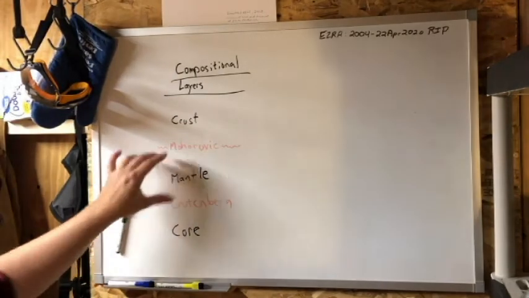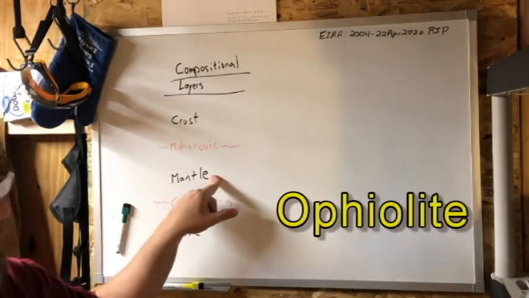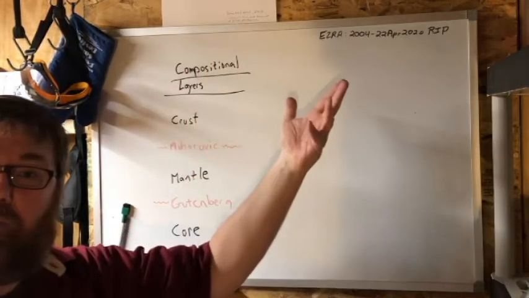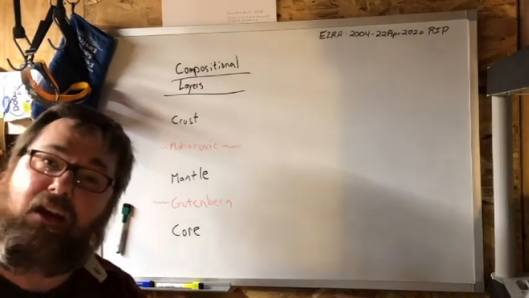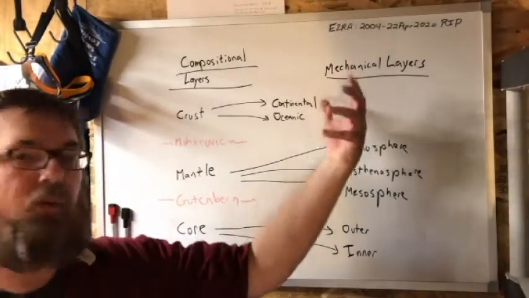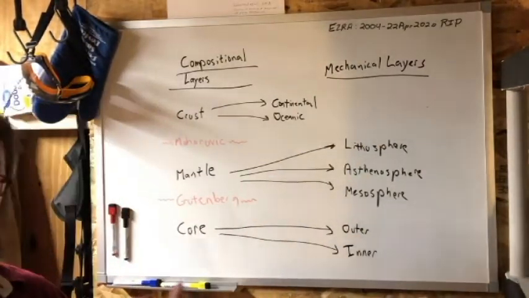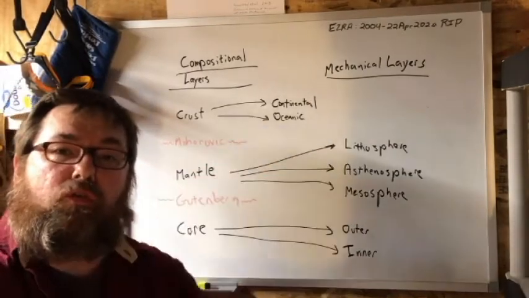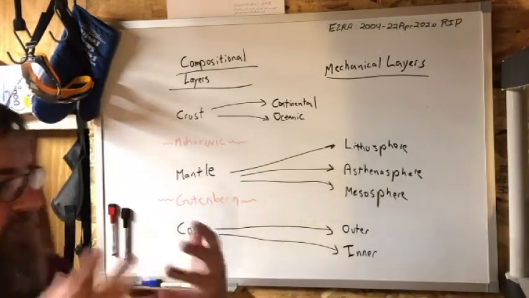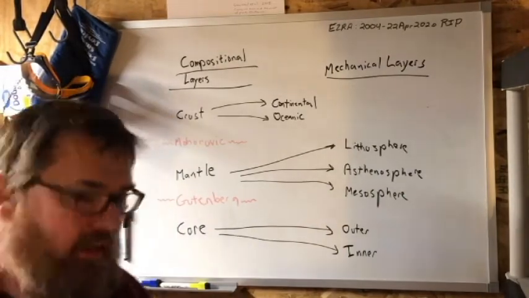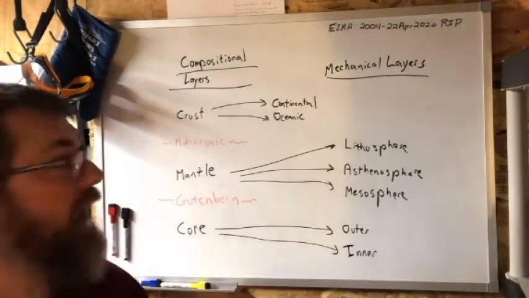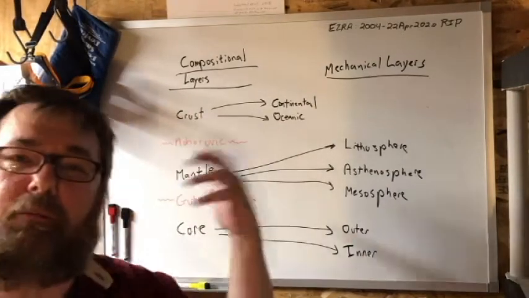We actually do have bits of the mantle at the surface called ophiolites, but it's the lithosphere, all right? And so the lithosphere is part of one of those mechanical layers. Our mechanical layers are layers that move according to physical properties, density, buoyancy, stuff like that, whereas compositional has to do with the minerals and chemicals.